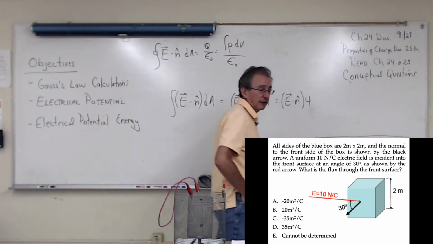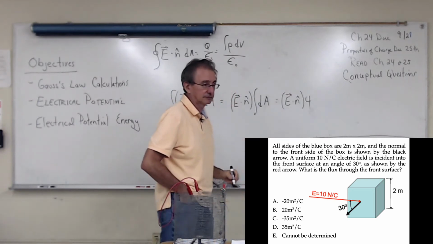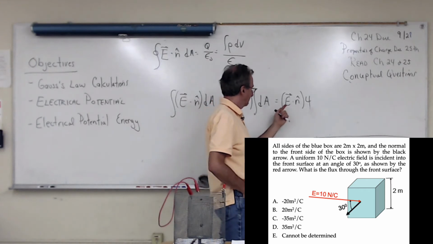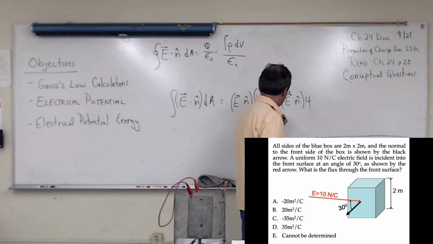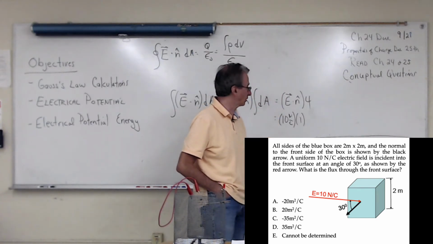So now I just got to figure out what the dot product is between these two. The dot product is the magnitude of the first vector, which is 10 newtons per coulomb, the magnitude of the unit vector n, and then the cosine of the angle between the two vectors.